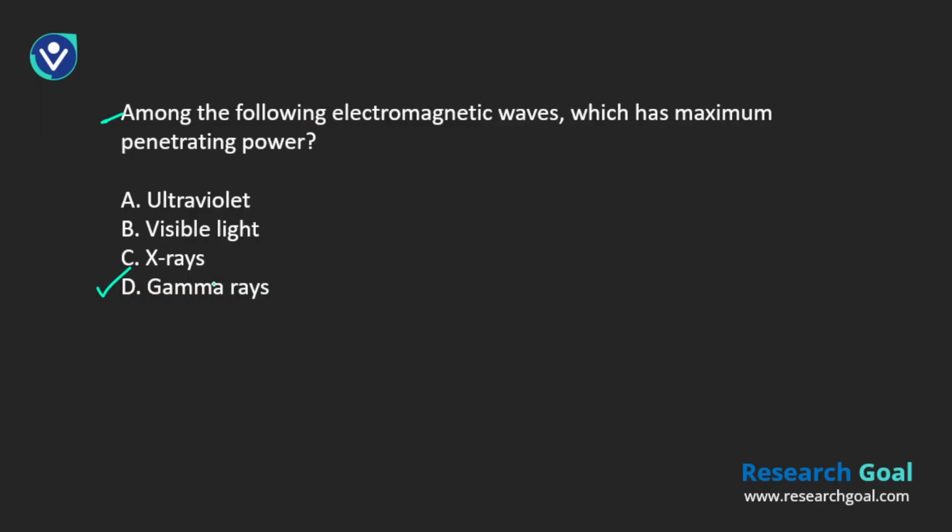Now we'll understand why. The penetrating power of any kind of wave is directly proportional to energy, which is again directly proportional to frequency, right? And in that case, we have our gamma rays, and they have the highest frequency.